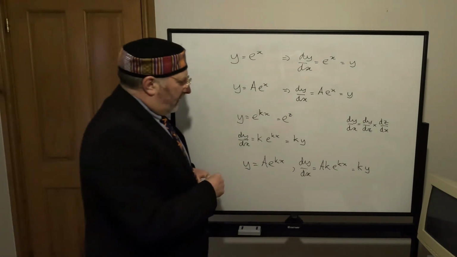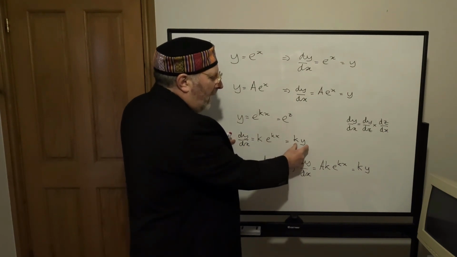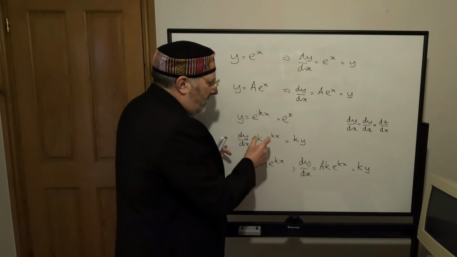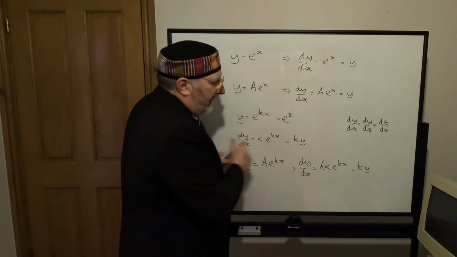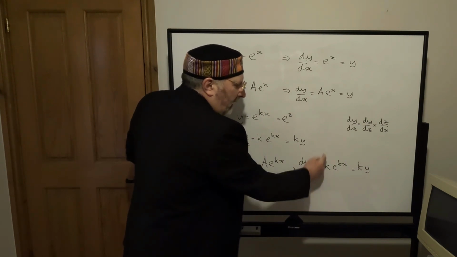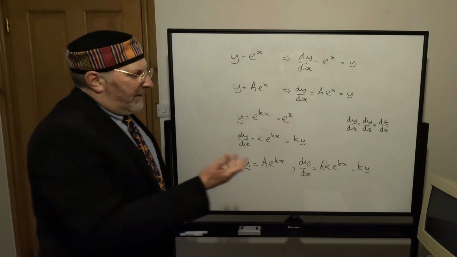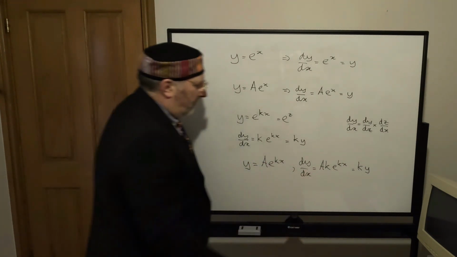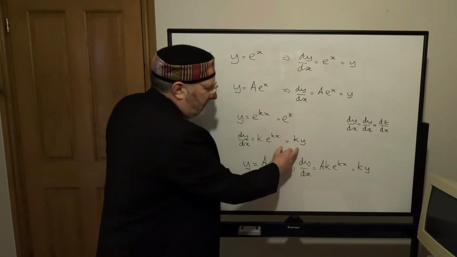So I said that if we see dy by dx is a constant multiple of y, we know that it is an exponential function of the form e to the kx. But actually, it's more general. Could be some constant a in front of it. And this really corresponds to a constant of integration, because we're starting here with telling you what the derivative is.